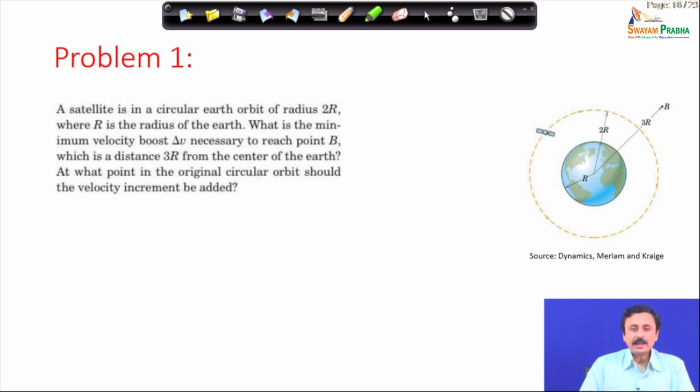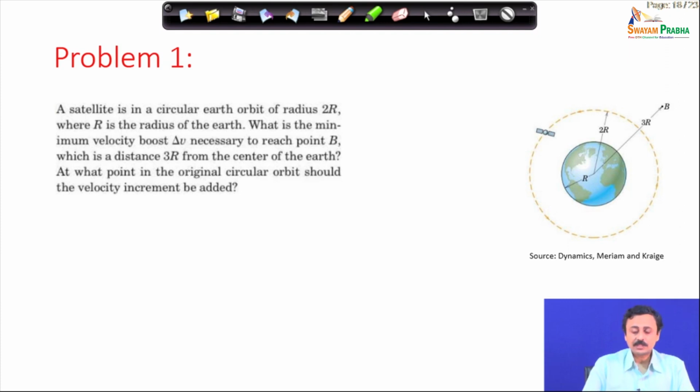When this satellite reaches B as the farthest point. If it reaches beyond B, any point farther than B, greater than 3r, then that will definitely require higher energy.